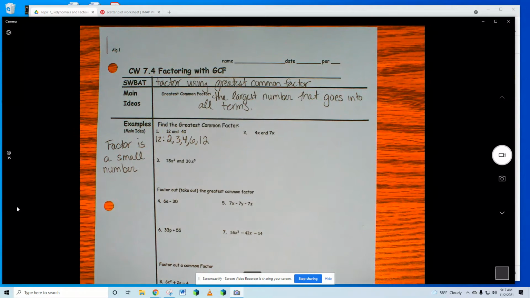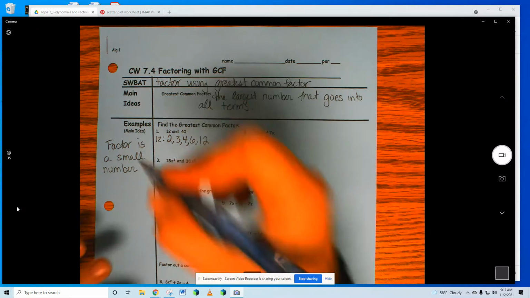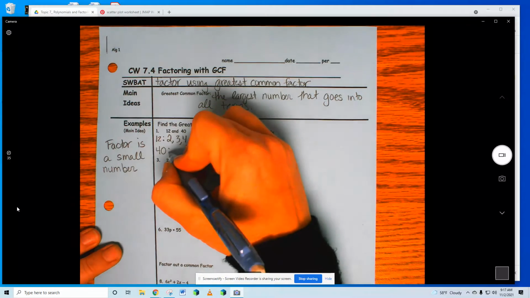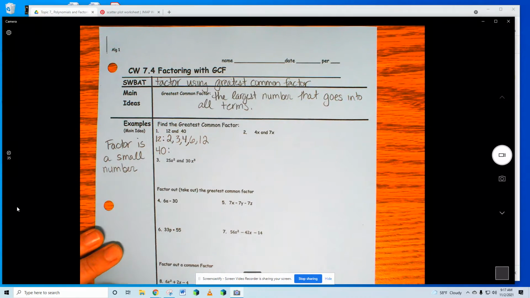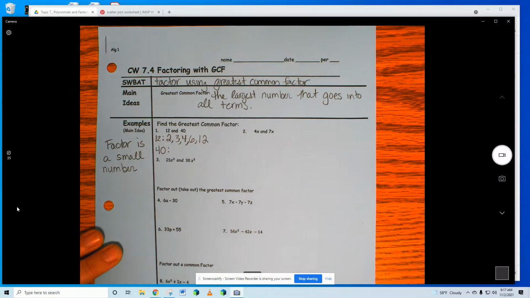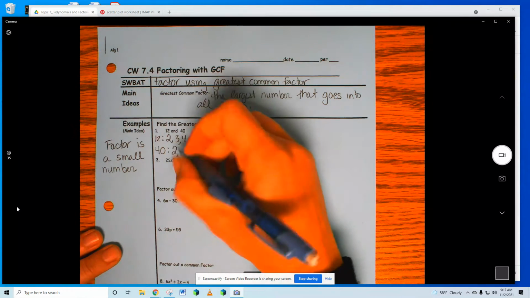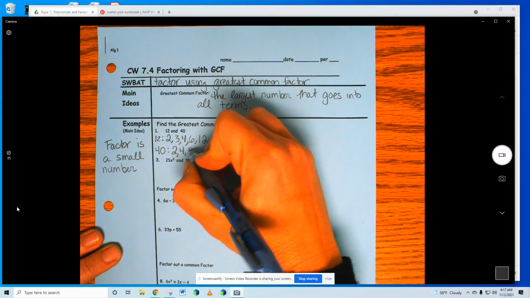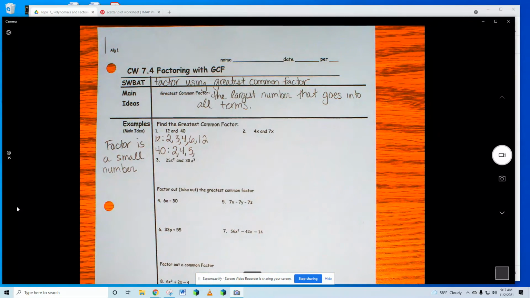Okay, then, what about 40? Start small. Factors are small numbers. Something less than 5. 2. But I like the 4 and I like the 5. So we're thinking of all these little numbers that divide into 40.